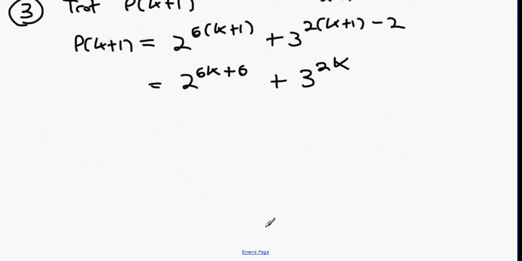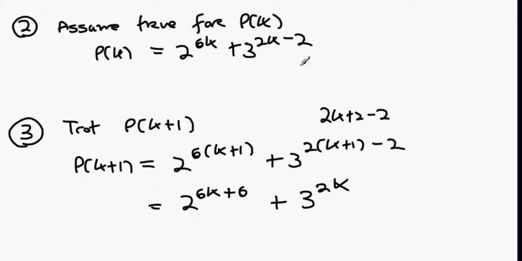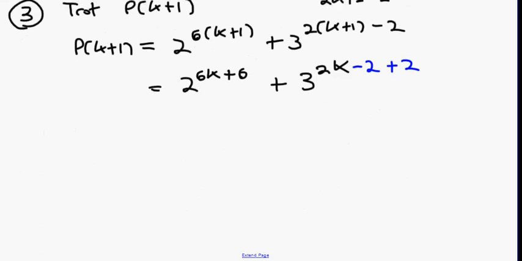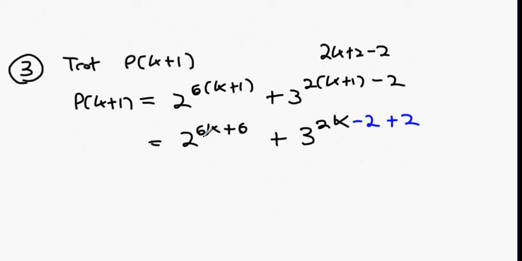Now, what we've got to do here is make it 2k minus 2 plus 2, because we want to make up 2k minus 2. We also want this to be 6k. So we're going to get 2 to the power of 6 by 2 to the power of 6k, because we want to make out P of k of it.